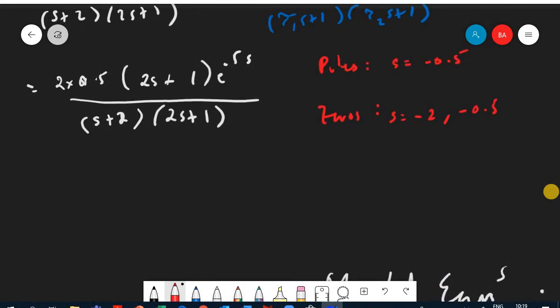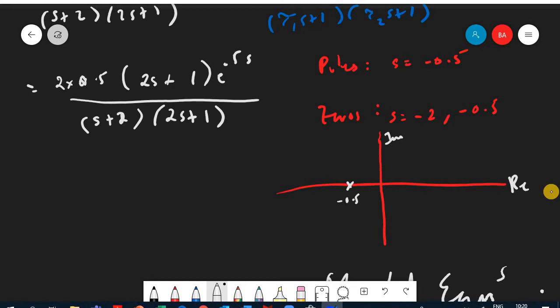Now to have this on the s-plane, I'm going to plot the poles. Poles are usually represented as x, so s = -0.5. I remind you, this is the imaginary and this is the real axis, so here I have no imaginary roots. So this is -0.5.